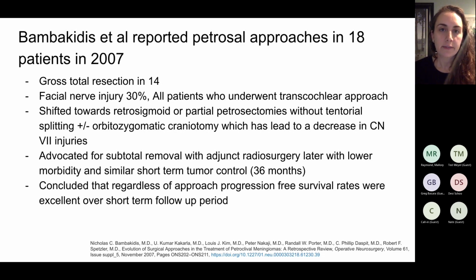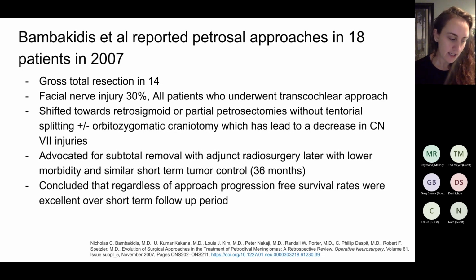They shifted their approach towards retrosigmoid or partial petrosectomies without the tentorial splitting, as well as OZ craniotomies, with a decrease in facial nerve dysfunction. They advocated for subtotal removal with adjunct radiosurgery and reported a lower morbidity and similar short-term tumor control, but they only followed patients for about 36 months.